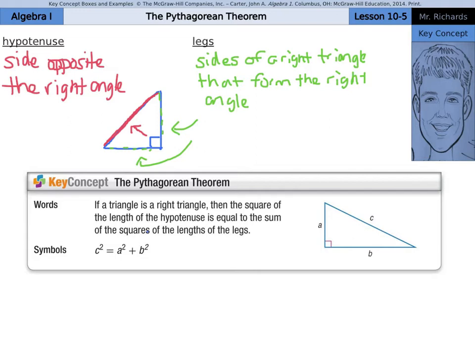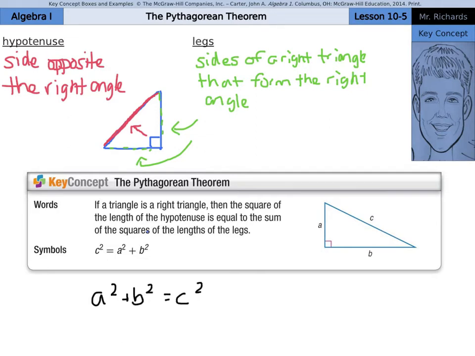So our key concept box, the Pythagorean Theorem: if a triangle is a right triangle, then the square of the length of the hypotenuse is equal to the sum of the squares of the lengths of the legs. So c squared equals a squared plus b squared. Oftentimes you hear this as well, a squared plus b squared equals c squared.